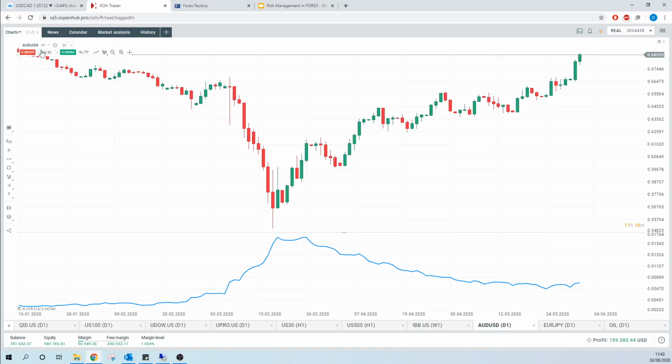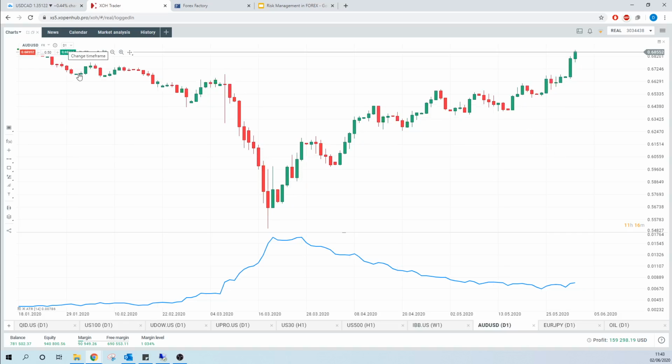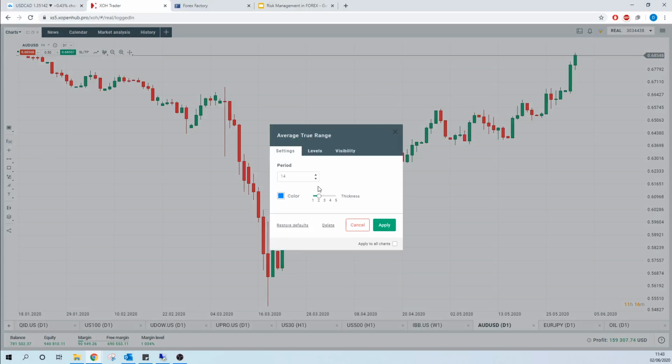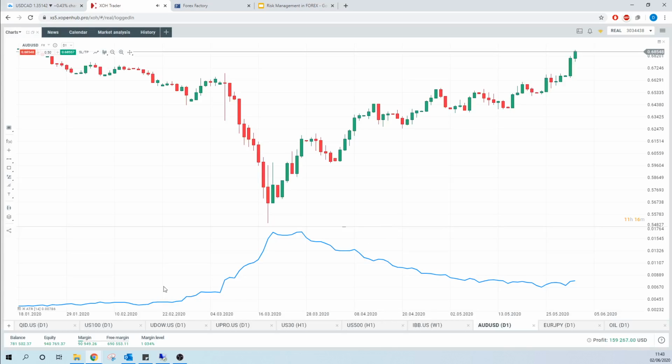For example, we look at the AUD/USD pair, and now I will just delete it and add it again. We go to indicators and type average true range, ATR. You can see it appears. It's using a standard 14 time period, so you can select the color. I don't suggest you change it, and then we apply it.